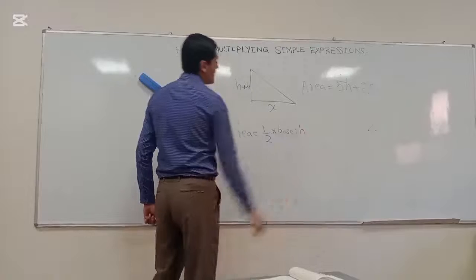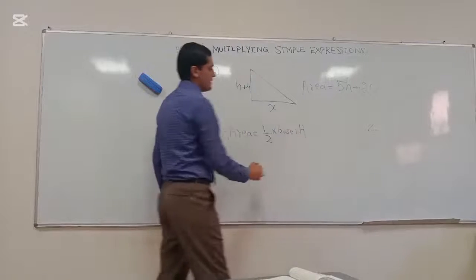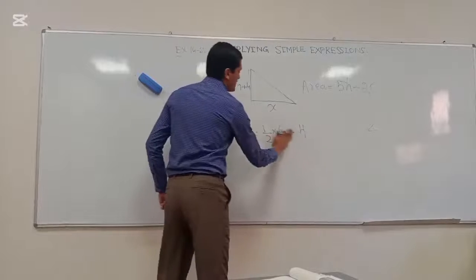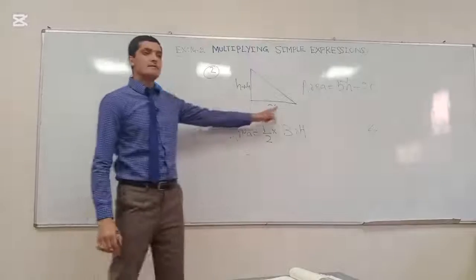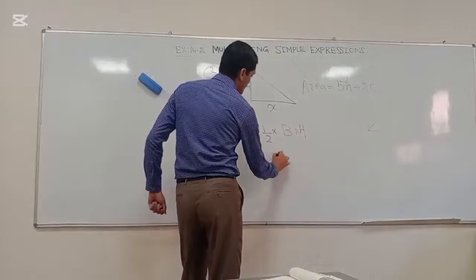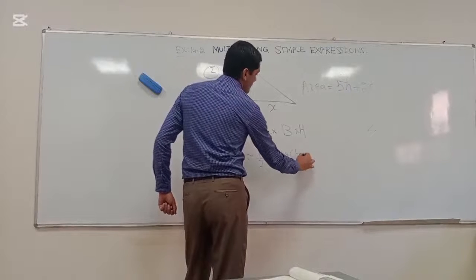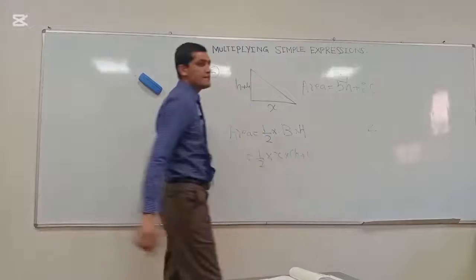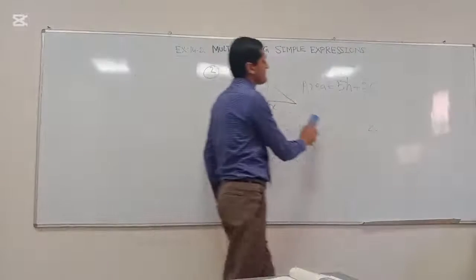For height I write capital H, because you will confuse it with the other h, and for the base we will use b. What is the base? x. So 1 over 2 multiplied by x multiplied by h plus 4. You got this thing? Okay. Now look here.